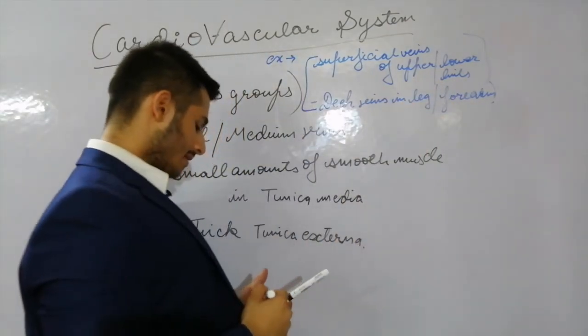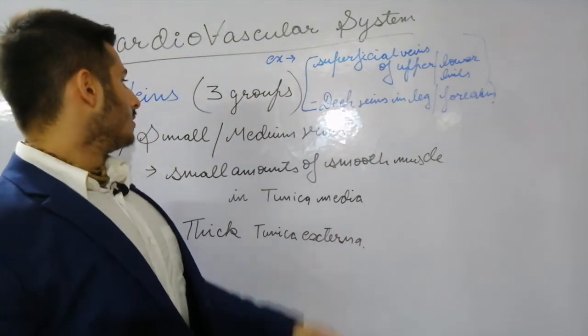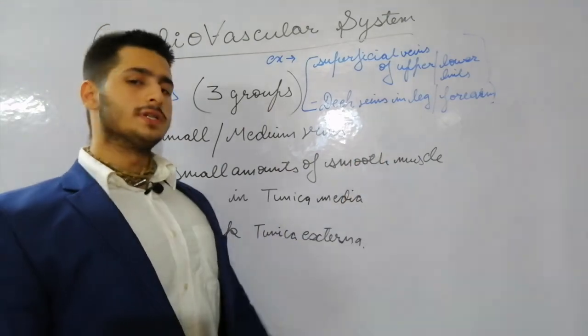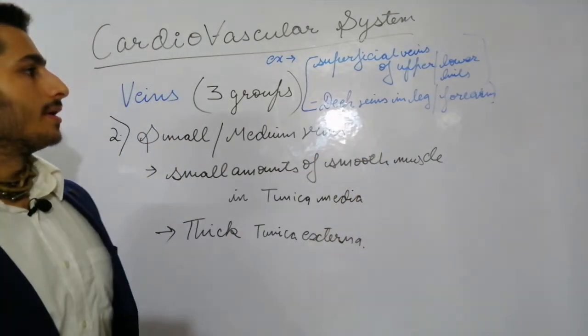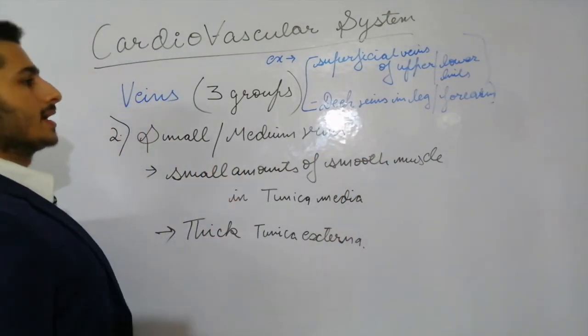So these are the examples of small and medium veins.